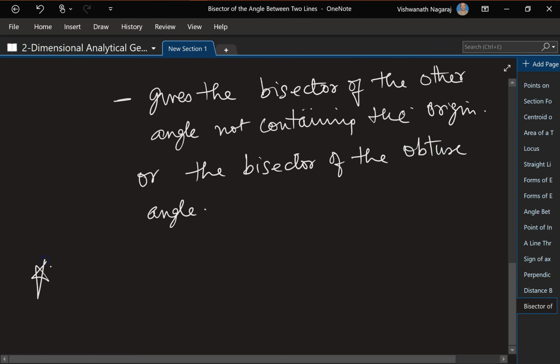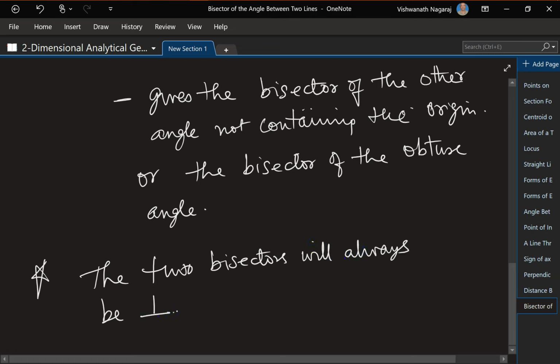Okay, another important point. The two bisectors will always be perpendicular to each other. Look at it like this: these are the two lines. If I do this and do this, do you notice the angle between the bisectors?